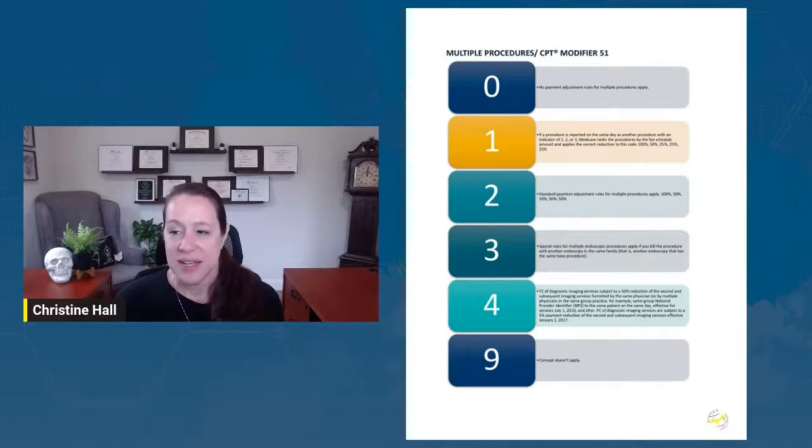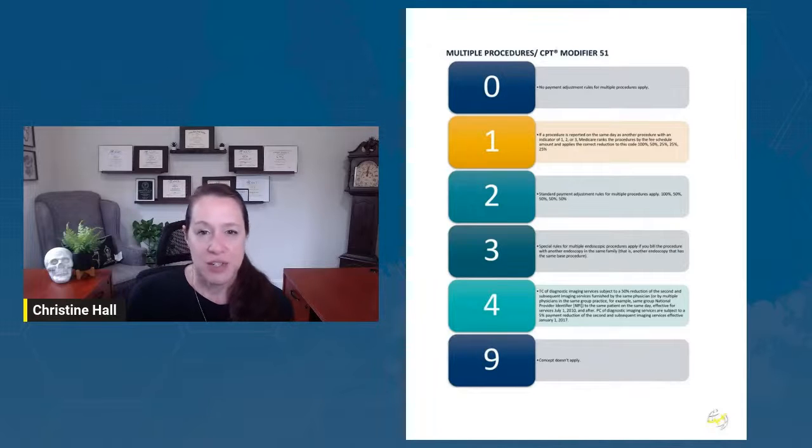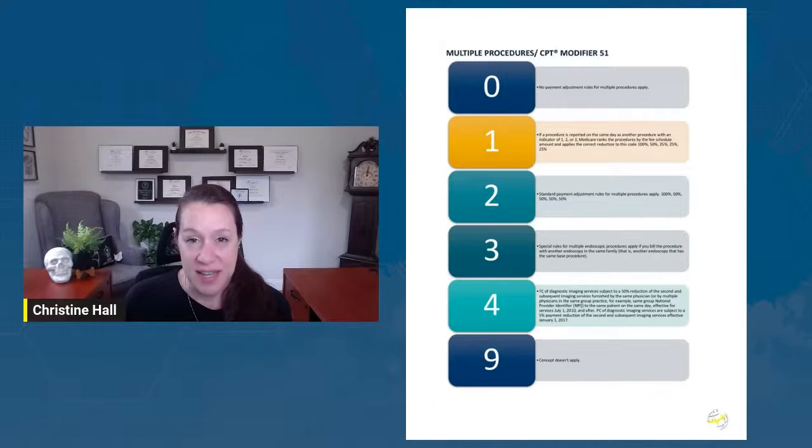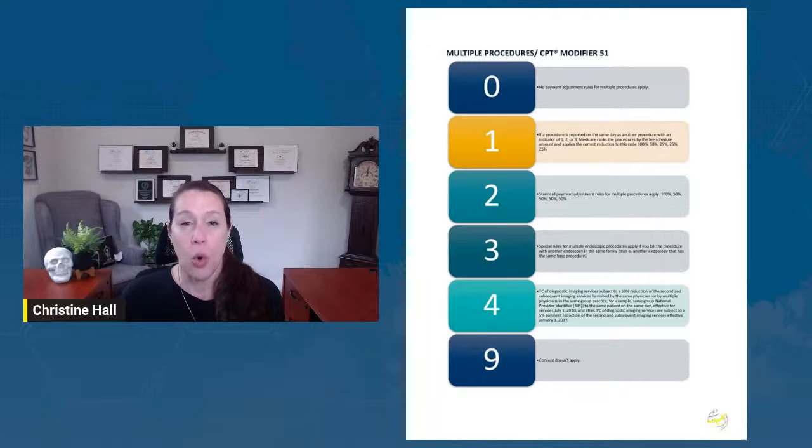1 means that the first procedure will be paid at 100%. The second of multiple procedures on that day are going to get paid at 50%. And the third or more procedures that are performed on that day are going to get paid at 25%. It doesn't matter what modifier you add. It doesn't matter how you arrange these.